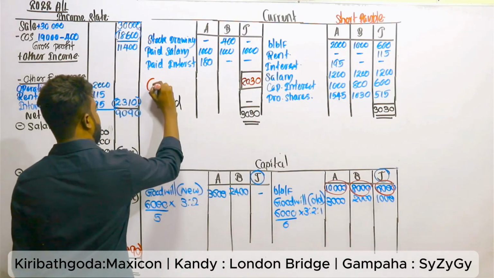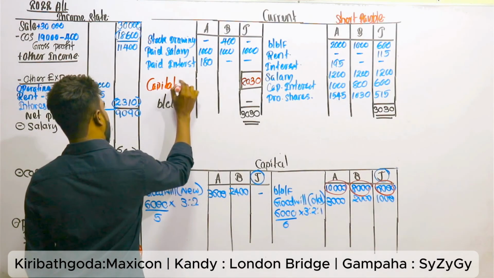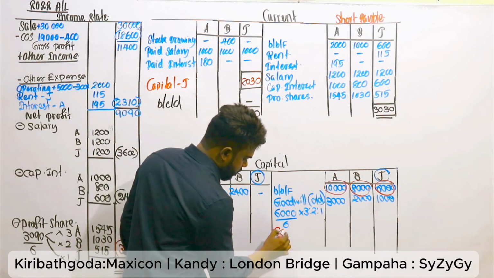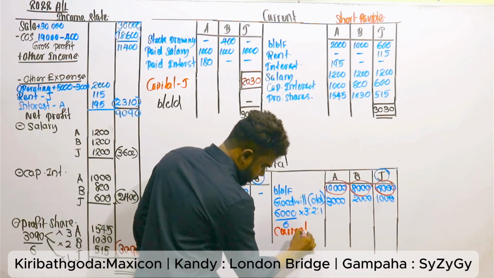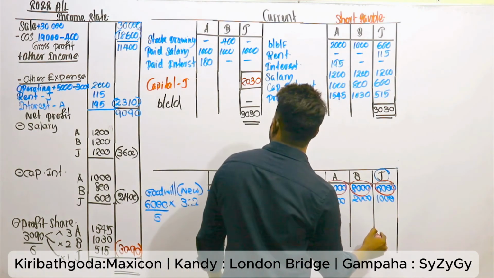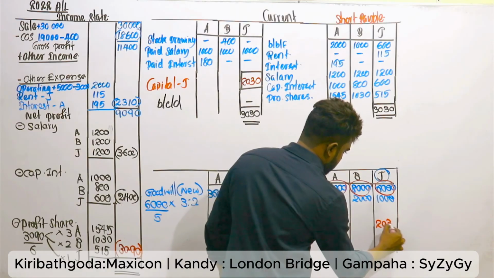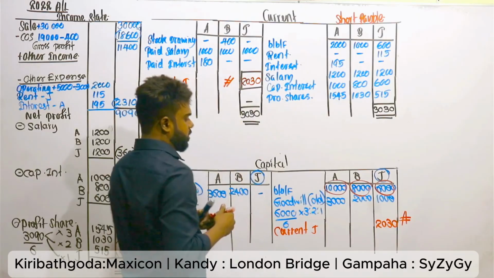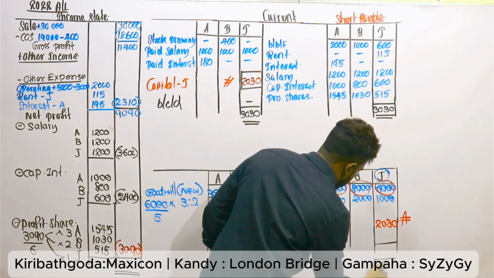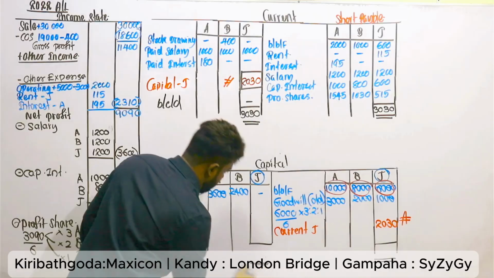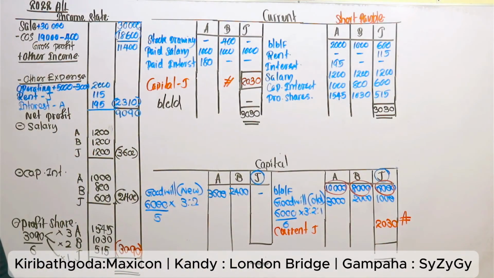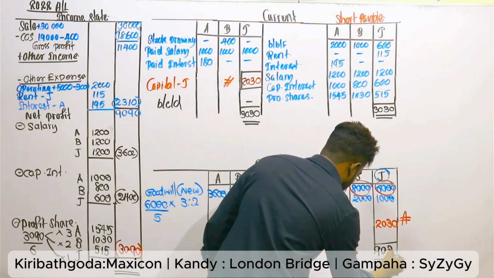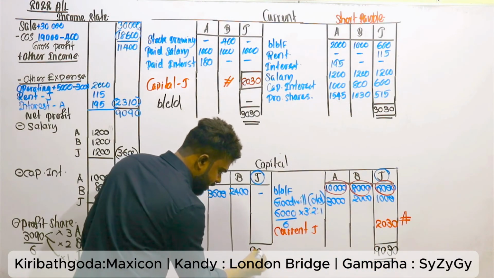It should be transferred to the current account, capital account. Now balance the capital account of Jayani. It's 9030. This one should be settled.